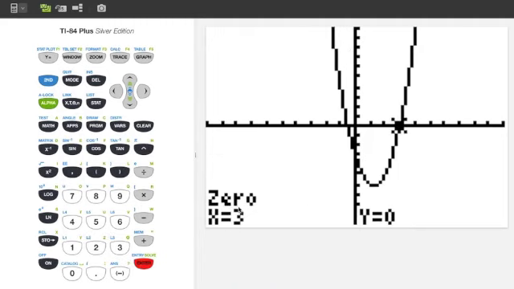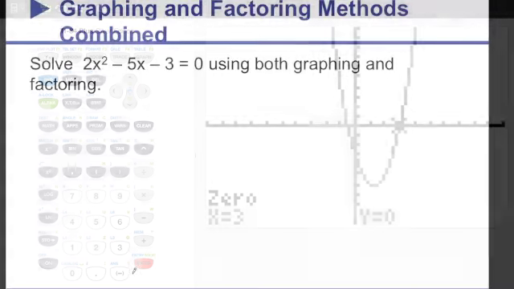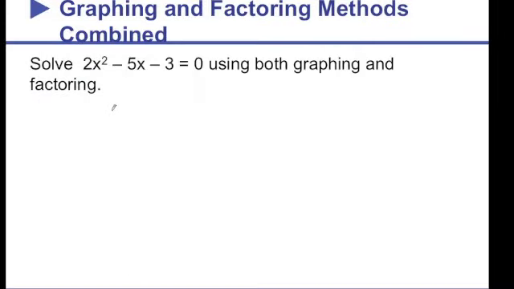Well, it's actually 3. So x equals 3 is a 0, which means x minus 3 is a factor. Going back, I found that x equals 3 was a 0, so x minus 3 is a factor.